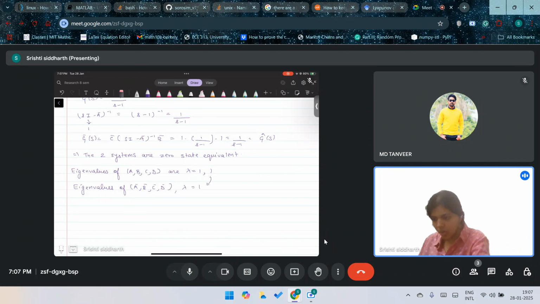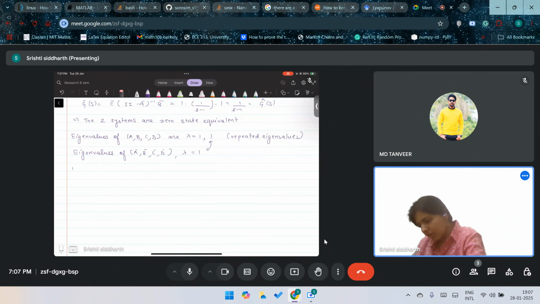So these two are not the same because we have repeated eigenvalues here, even though they are equal in magnitude. The eigenvalues of the two systems are not the same, which implies that the two systems are not algebraically equivalent.